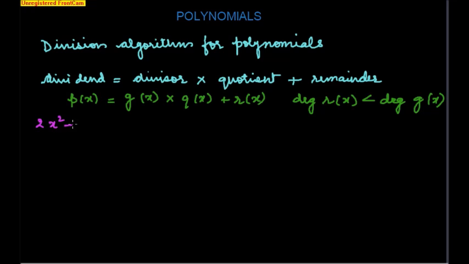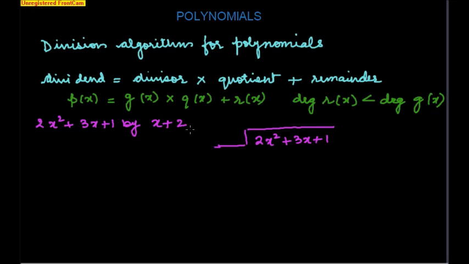2x square plus 3x plus 1, we have to divide this by x plus 2. I write down the polynomial with the highest degree, or the polynomial which is to be divided here, and divided by x plus 2.